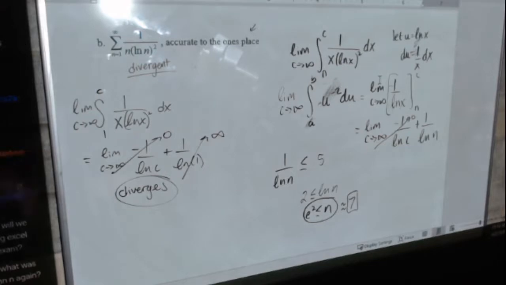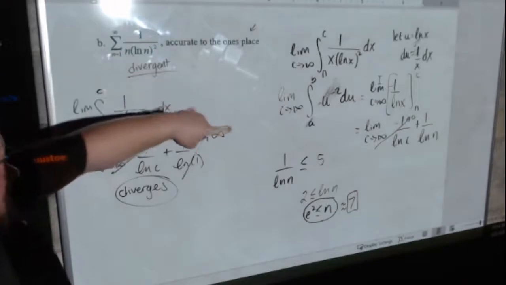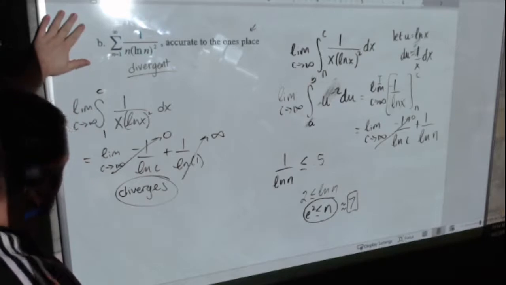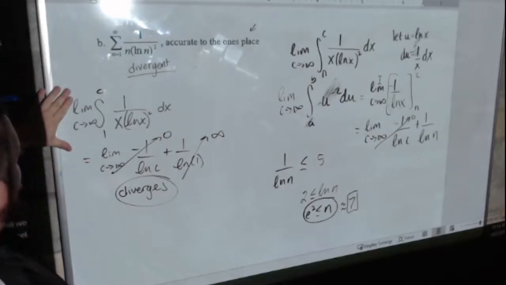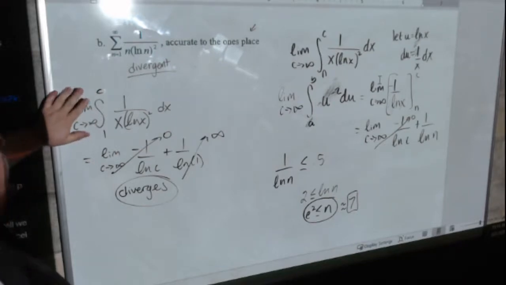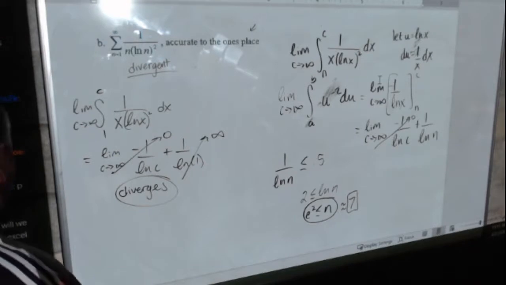So let me recap one more time. I knew that this was going to diverge. I jumped ahead to do this because I wanted to show you how to do that. However, I should have started with this integral, right? The integral from 1 to infinity. You got to prove this series converges. This isn't a p series like the one we did before. I can't do something simple.